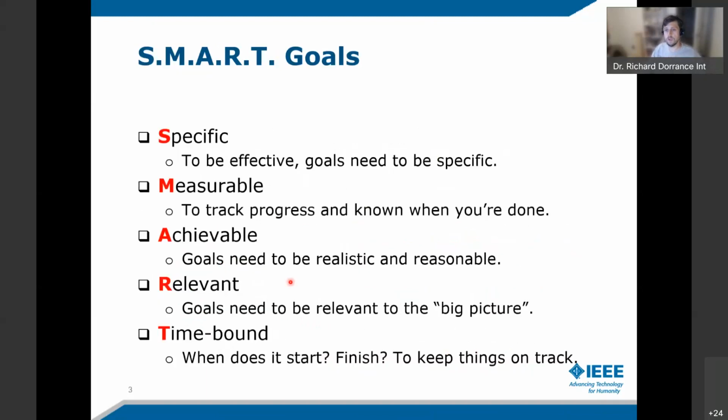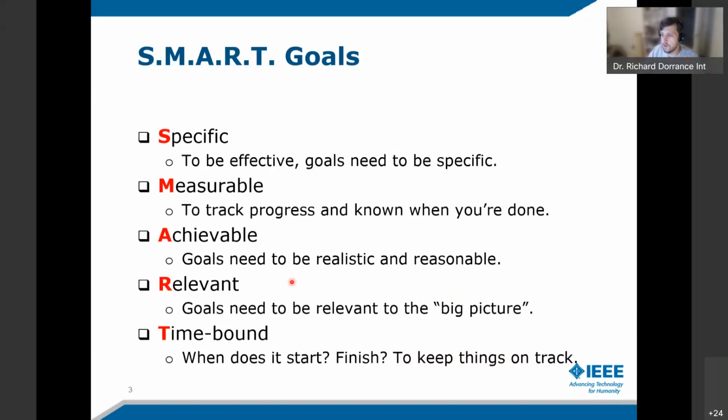But before we talk about research and how you can be a better researcher and do better research, I'm going to first talk about SMART goals, because those end up being very important for doing very effective research.